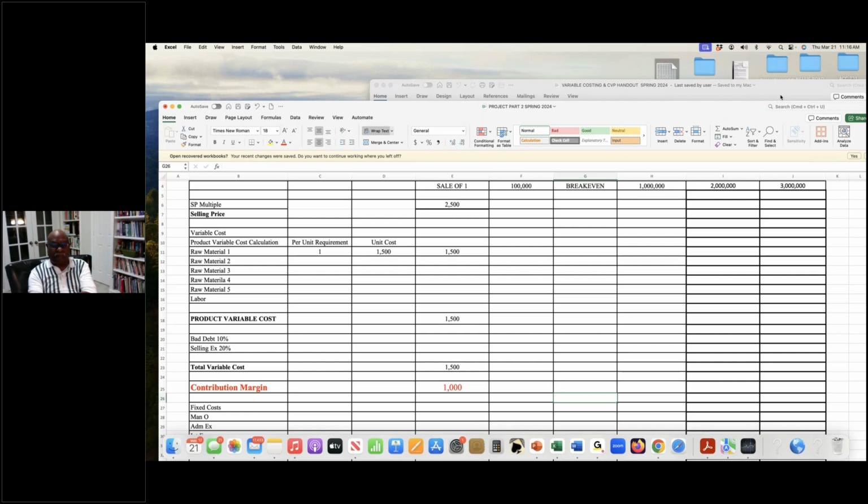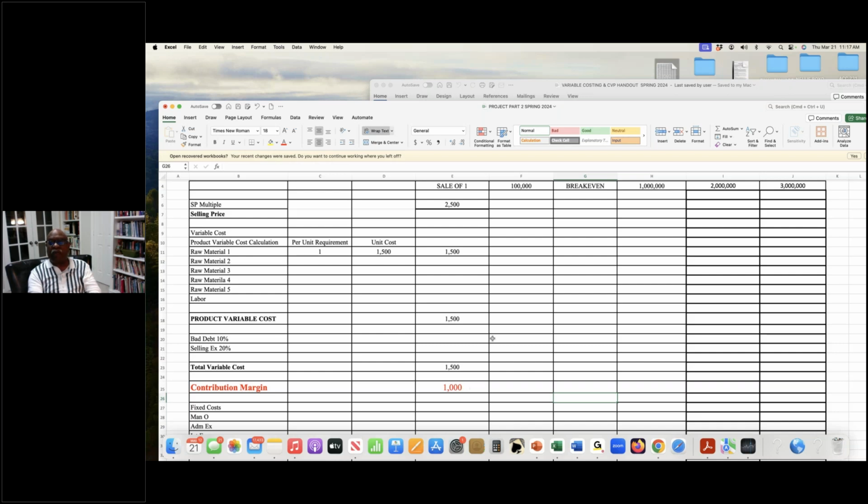Why is it 1,000? Where did you minus the selling 500? Selling price 2,500, cost 1,500. 2,500 less 1,500 gives us a contribution margin of 1,000.